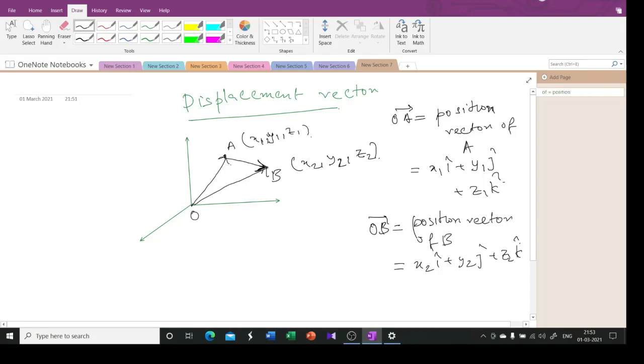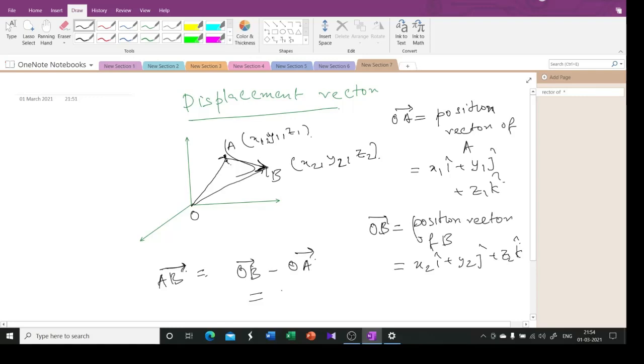Now suppose a particle was at A and it wants to move to point B. What would be the displacement of that particle? That would be simply equal to the AB vector. So what is the AB vector? It is simply the OB vector minus the OA vector.